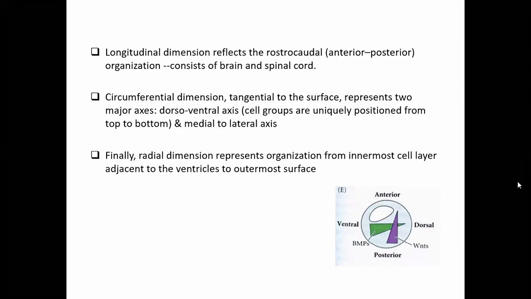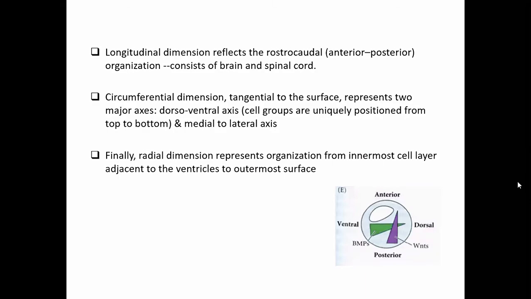The circumferential dimension becomes the dorsoventral axis and medial to lateral axis. Finally, the radial dimension becomes your innermost layer adjacent to the ventricles and the outermost surfaces.